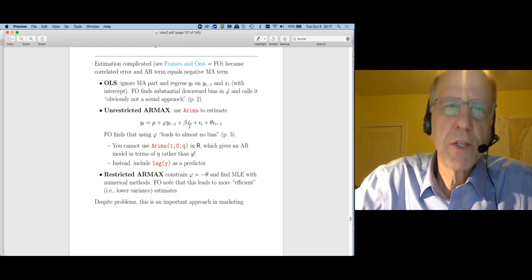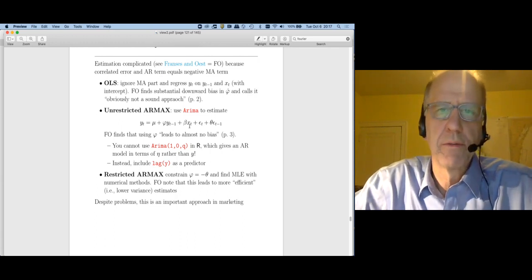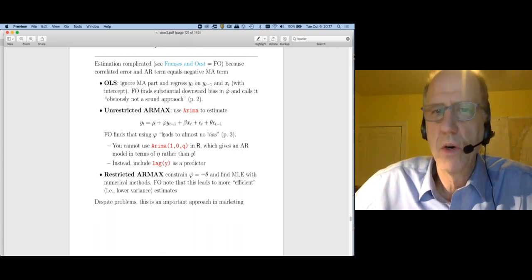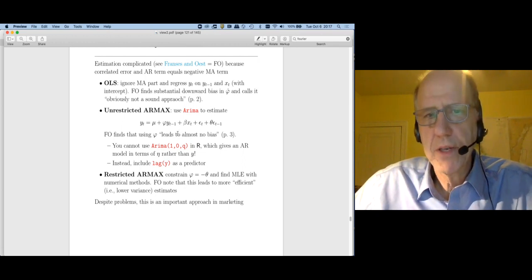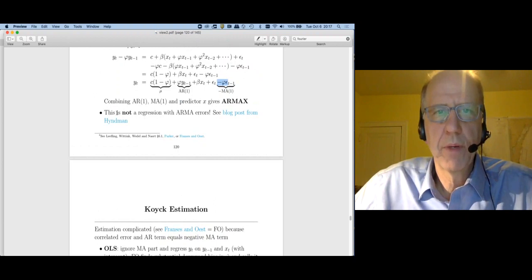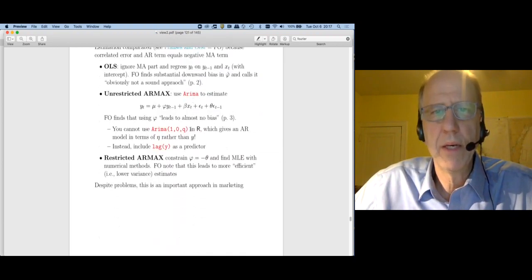Now, Francis and Ust do some simulations and find this to be a pretty promising method, that it leads to almost no biases. Let me re-emphasize what I said before. This is not a regression with ARIMA errors.